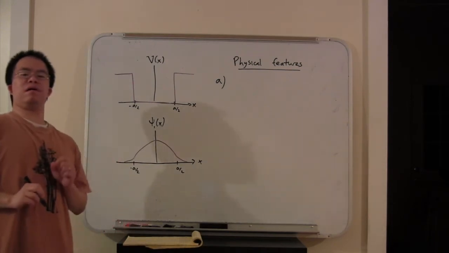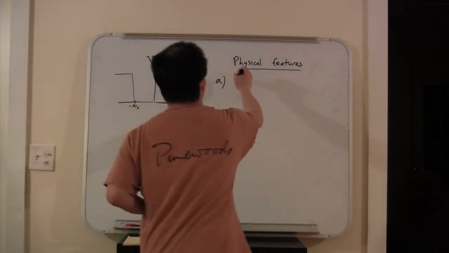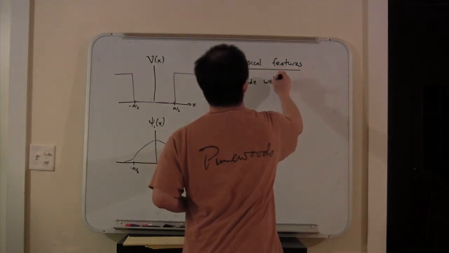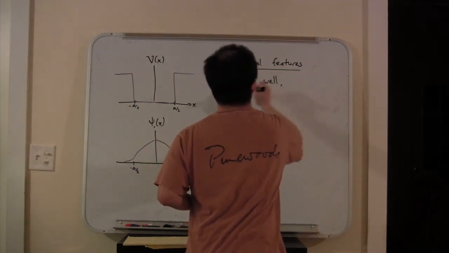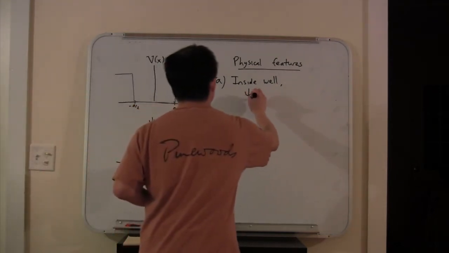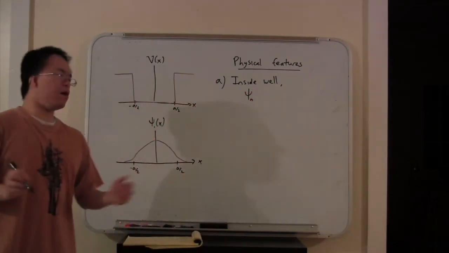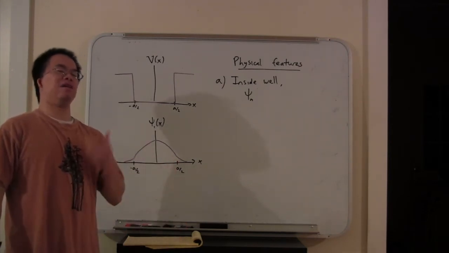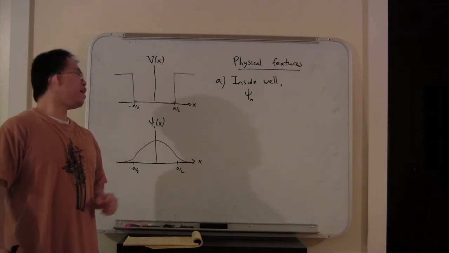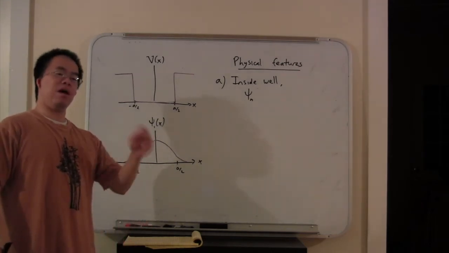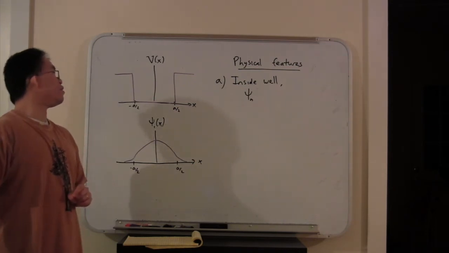So three things I want to emphasize. Inside the well, the wave function, and I'm going to now start calling them psi of n, because having solved the time-independent Schrodinger equation, we have found the stationary states, or energy eigenfunctions, and they are discrete for E less than V naught.